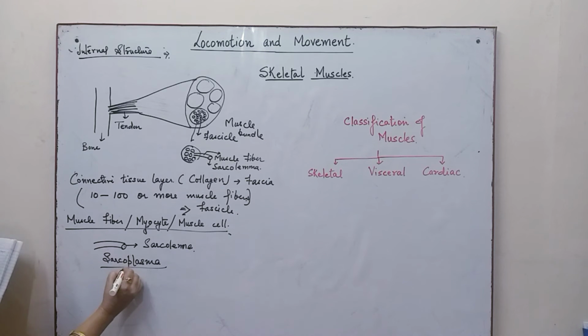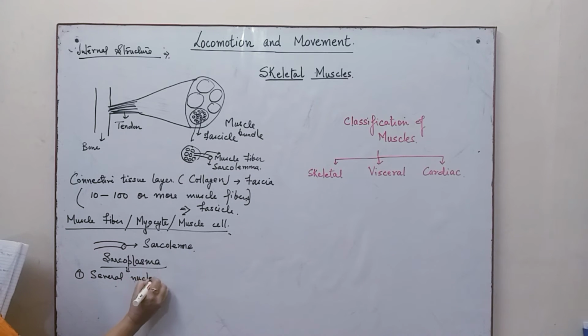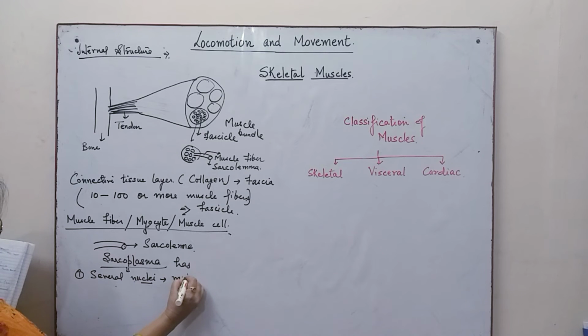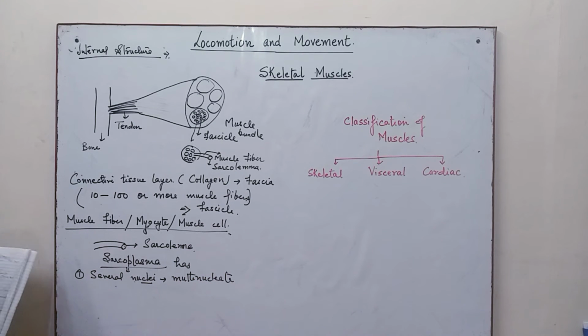That is, sarcoplasm has several nuclei, that is, it is multinucleated to provide more energy, and we call this condition syncytium, where the cell has multiple nuclei but they are not separated.